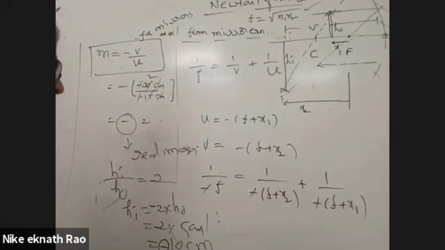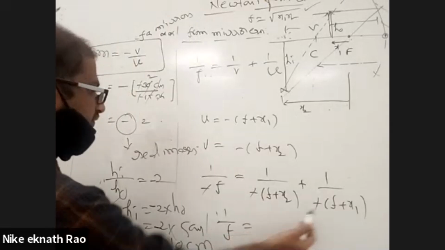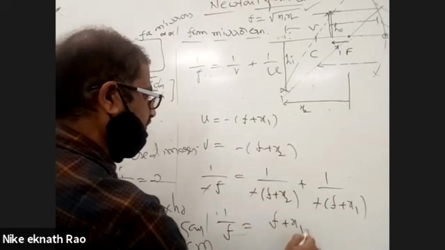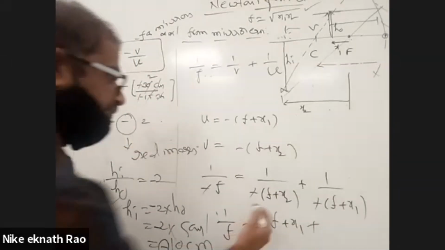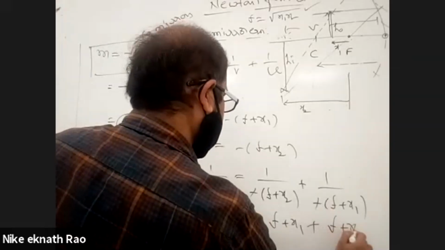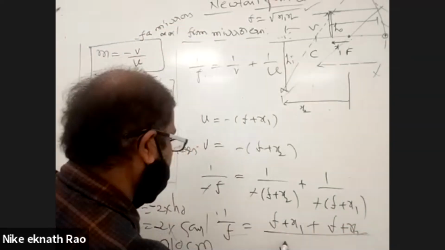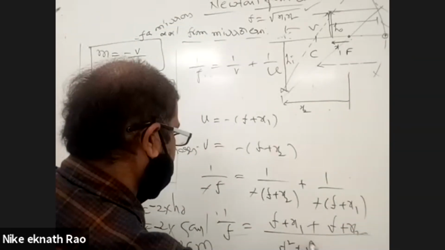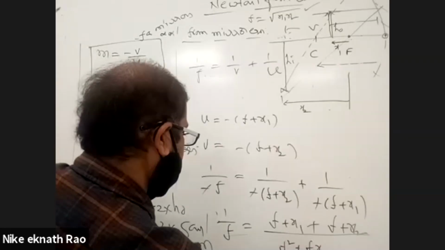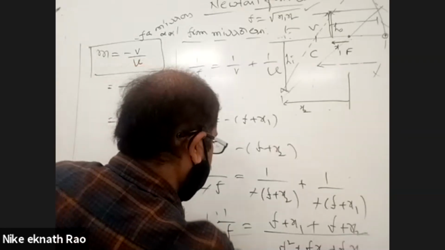Minus cancels. So 1 by f is f plus x1 plus f plus x2 over f square plus f x1 plus f x2.